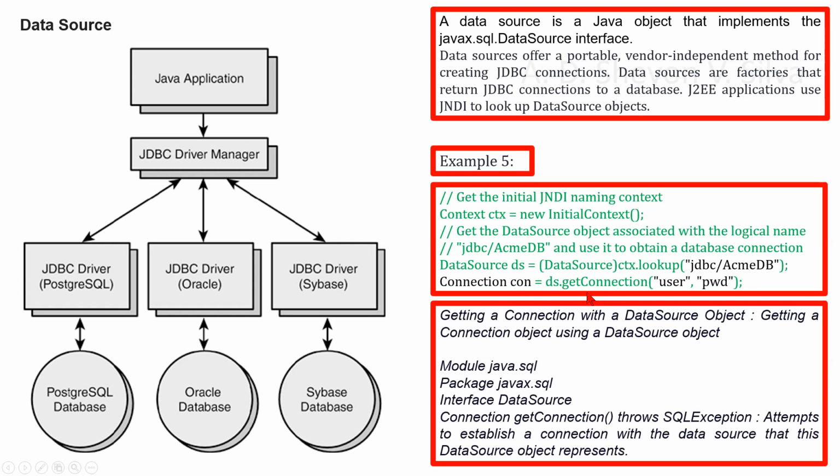Here the method Connection getConnection in interface DataSource, in package javax.sql in module java.sql, attempts to establish a connection with the data source that this DataSource object represents.